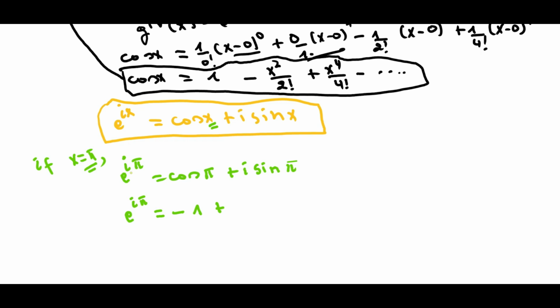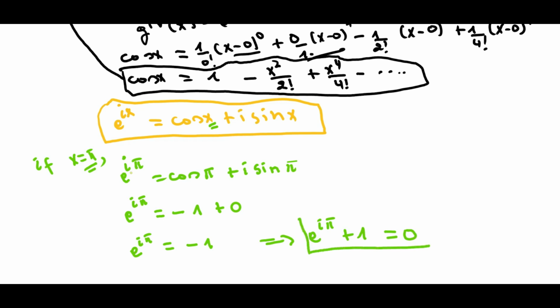Sine of pi is equal to 0. Then we will have e power i pi equal to minus 1. Or simply you can write e power i pi plus 1 equal to 0.